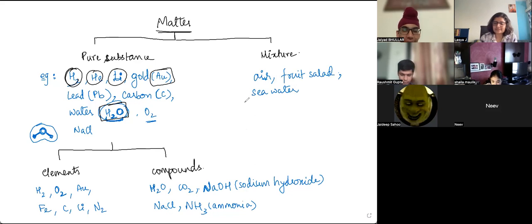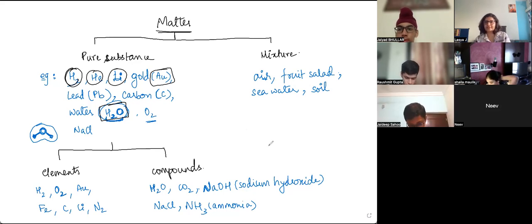Salt water, yes. Soil is a mixture. Soil has different types of things: you have sand, you have mud, you have stones. You also have organic stuff like insects and leaves and stuff like that.